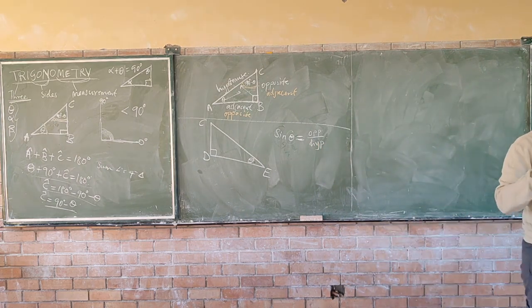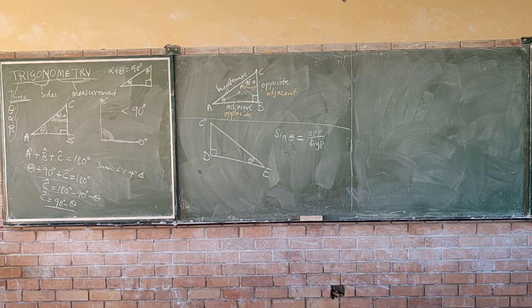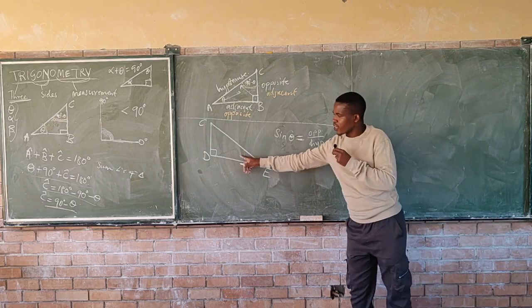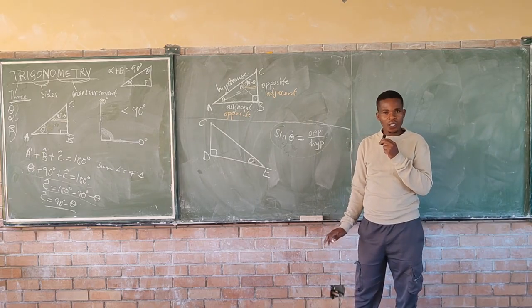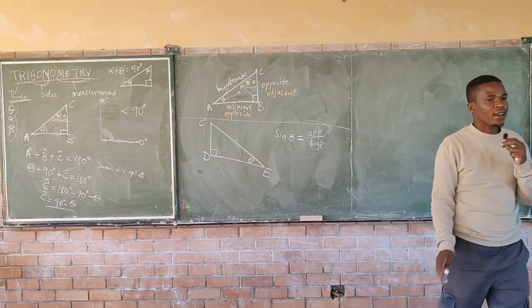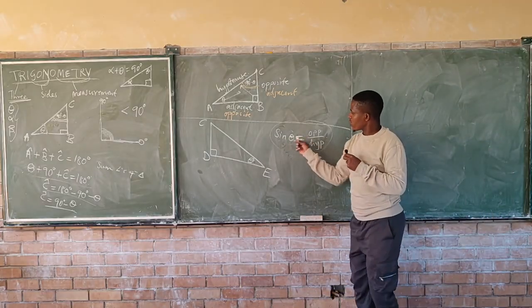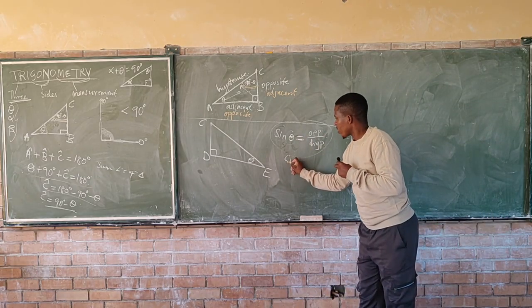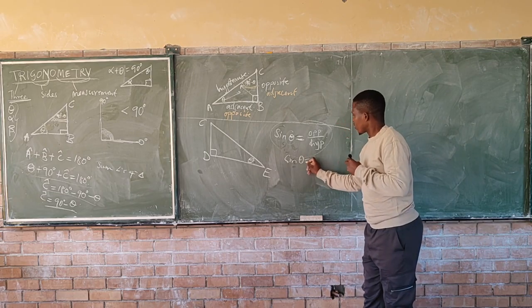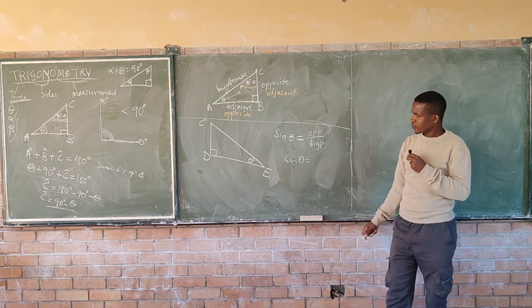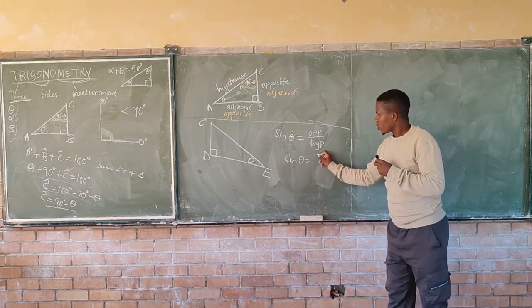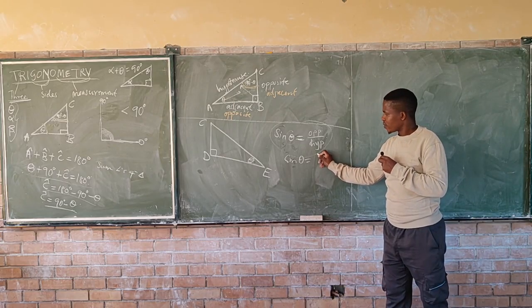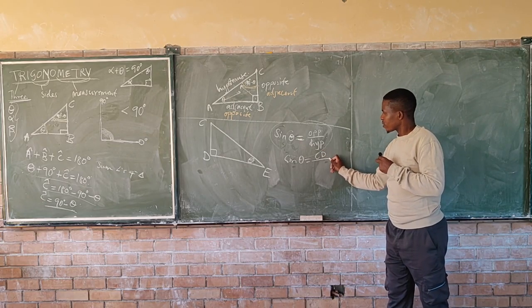This is the definition of sine, based on the right angled triangle, not anything but the right angled triangle. So if that is the opposite over the hypotenuse, our sine of theta can be written as what? CD over CE.